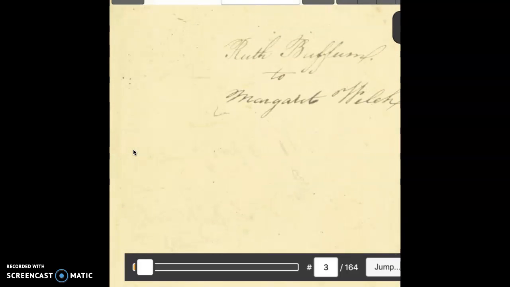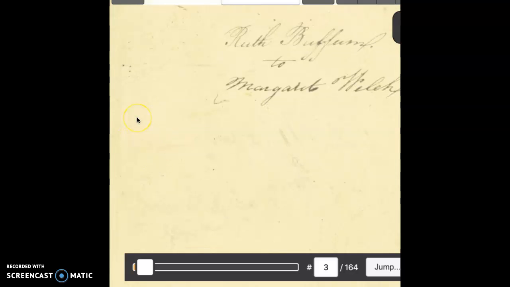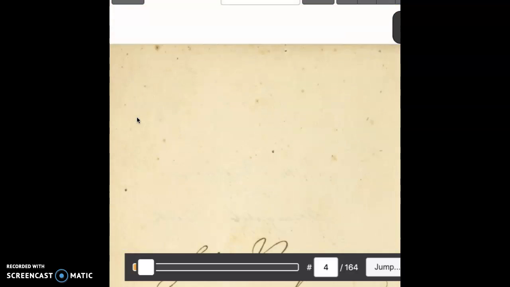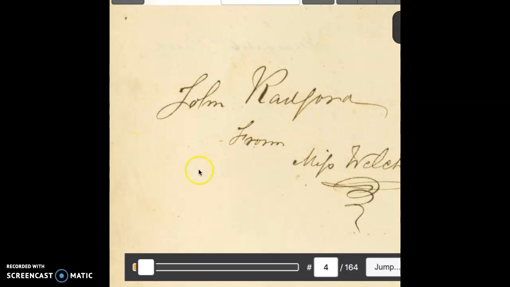You'll see when books are digitized, there's often what's called provenance, which is a history of where the book has been. So one woman, Ruth Bussum, gave this copy to Margaret Welch.